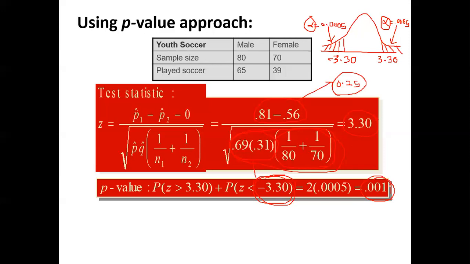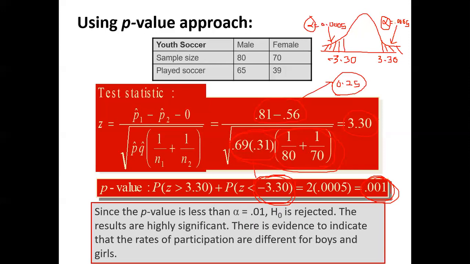So 0.001, is it less than or greater than 0.05 and 0.01? So the p-value, that is 0.001, is less than both the alpha values of 0.05 and 0.01.